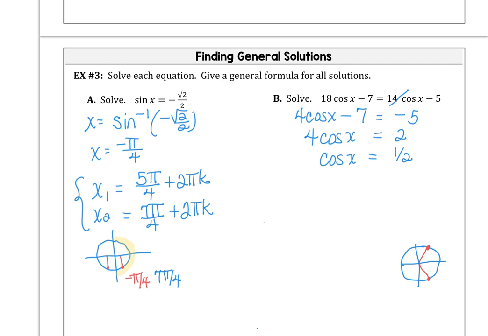So thinking of it that way, we can have x is pi over 3 and every 2 pi radians after that. And x sub 2 is also at 5 pi over 3 plus 2 pi k, where k is an integer. So two different ways to approach that.